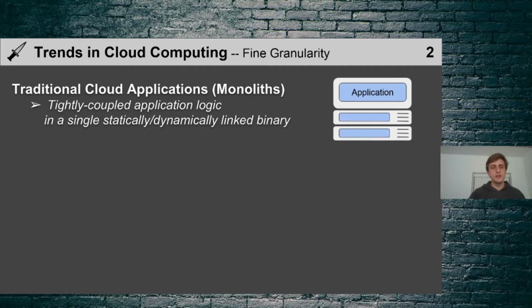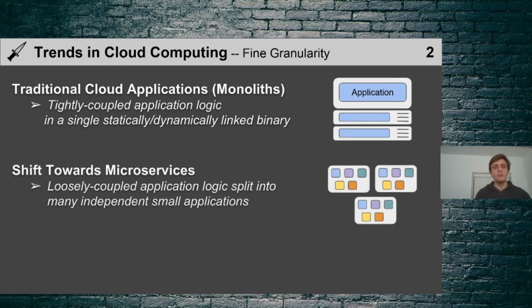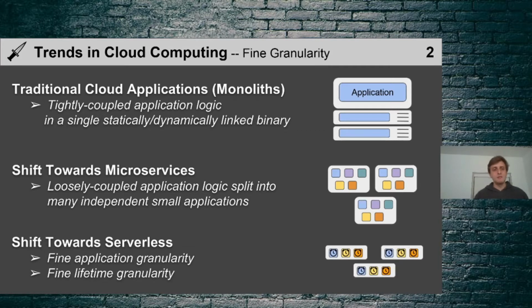In order to address these limitations, modern applications are moving towards microservices that represent the application logic as many independent small applications communicating with each other over the network. Another similar trend here is the shift towards serverless, where in addition to fine application granularity, we also have fine lifetime granularity.